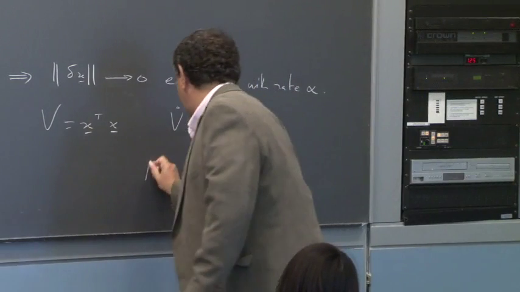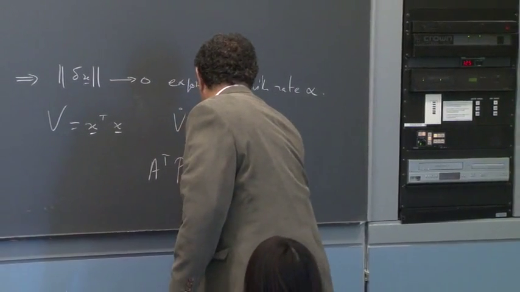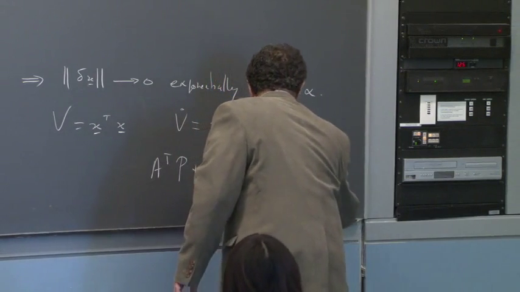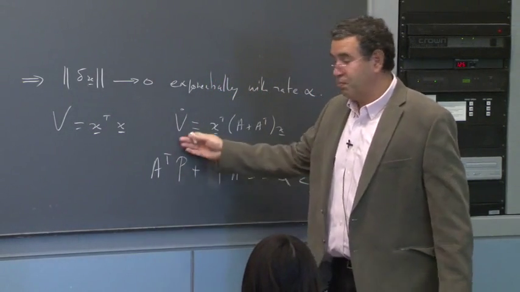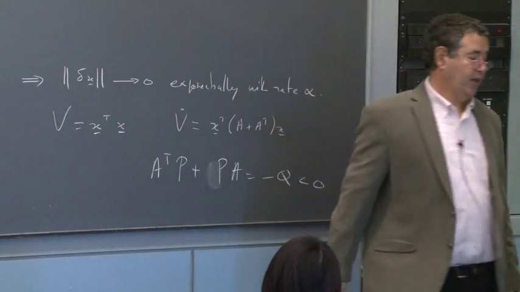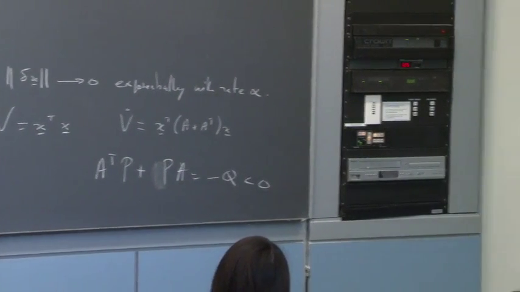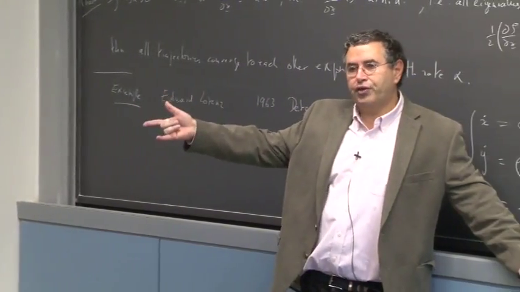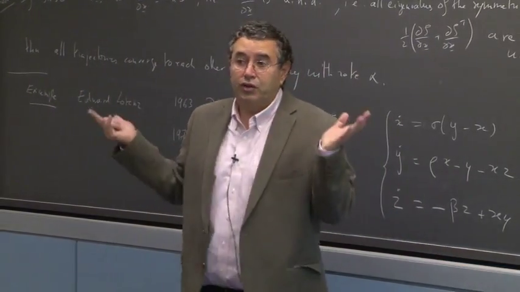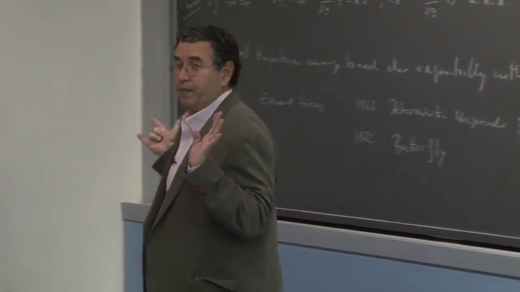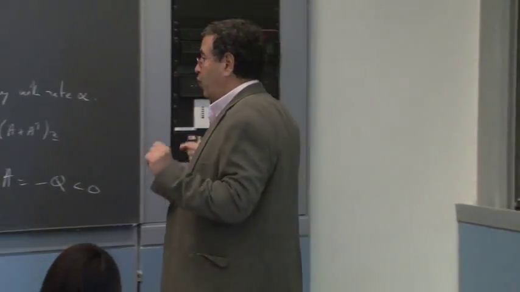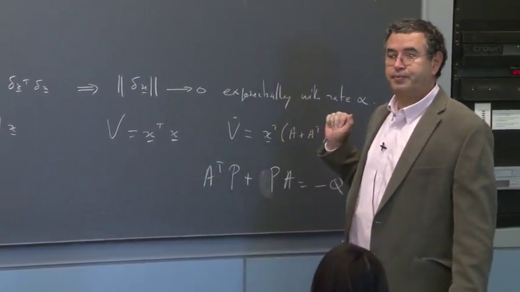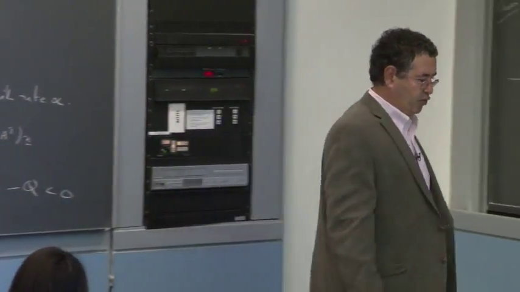That's why we needed the Lyapunov matrix equation, which was saying that A transpose P plus PA was equal to minus Q, which was negative definite. But we needed this P. So we have a sufficient condition, but it's clearly not necessary and sufficient, because even in the case of a linear time invariant system, it's clearly not necessary. We can very well have a strictly stable linear system where this doesn't work.